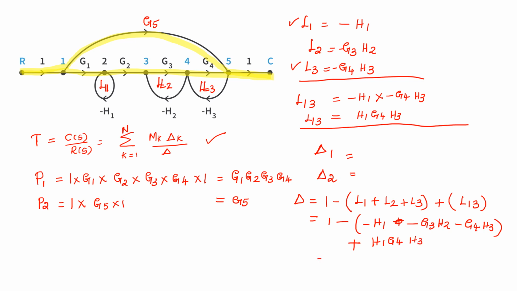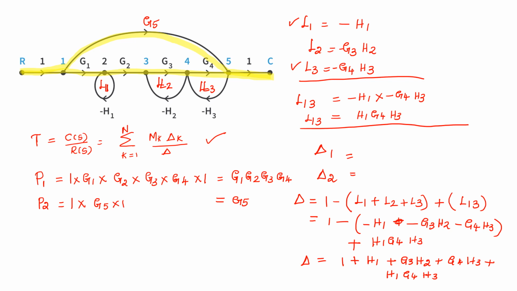Now I have to combine all. So 1 minus of minus in minus into minus, that is plus: 1 plus H1 plus G3 H2 plus G4 H3 plus H1 G4 H3. So this is delta. Okay, now delta is over.